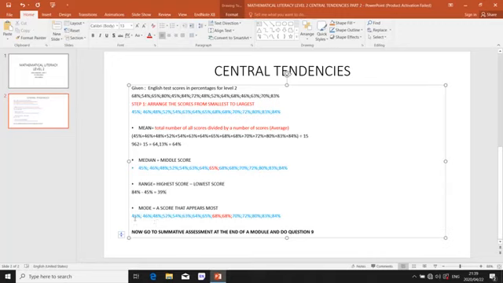If you have arranged from smallest to largest, here are our scores. As you can see, which number is repeated, appearing the most here? That number appears twice, it's 68%. Okay, fine, thank you.